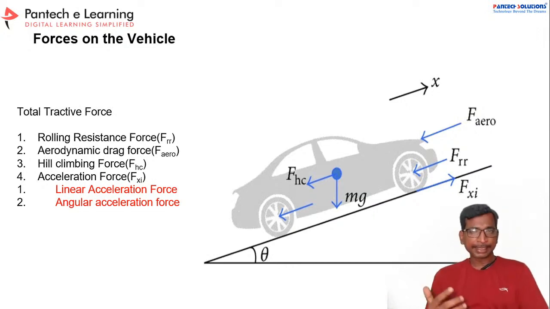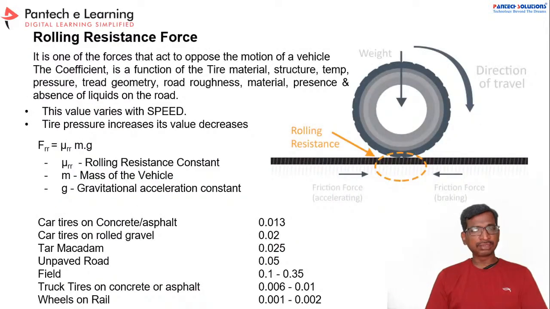Is it clear? So now let us just recap quickly. We can recap the equations. So this is the rolling resistance force. The rolling resistance force acts opposite to the motion of your vehicle, and so we have to choose the coefficients based on the tire material, road material, tire dynamics, pressure, and temperature on the tires.